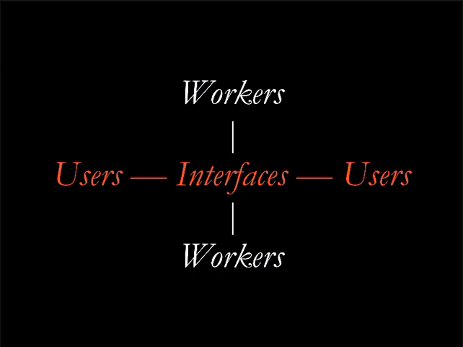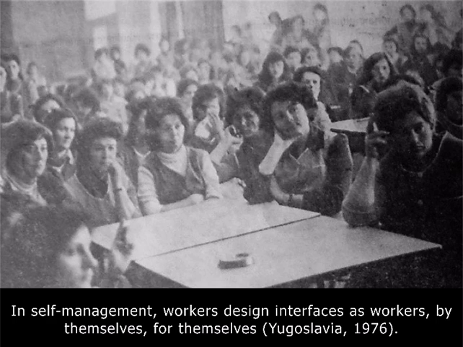So if we want to really fight oppression systems, this is the diagram. We need to engage as users working with other users and as workers working with other workers, designing interfaces collaboratively. I already gave you this example, I'm just reminding you: self-management is a tradition from the workers' movement, and it has been explored in many different parts of the world.